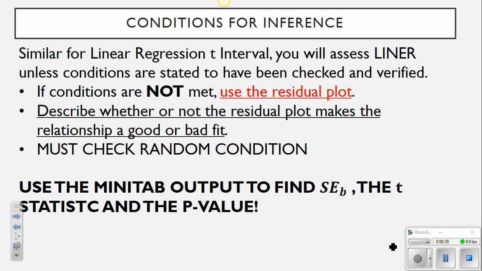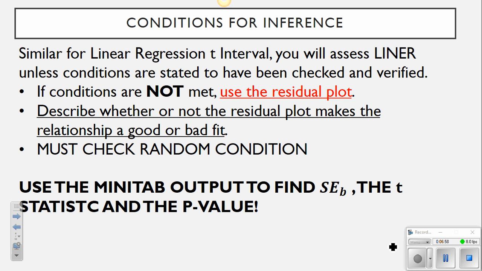Oftentimes they're going to tell you the conditions have been checked and verified, so that's nice. If not, use a residual plot. Hopefully you have a residual plot given to you. Make sure the residual plot shows no pattern, same number of data points above and below for equal variance. Make sure your plot is linear.